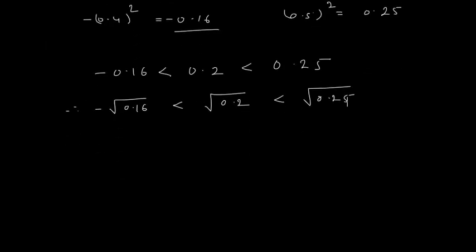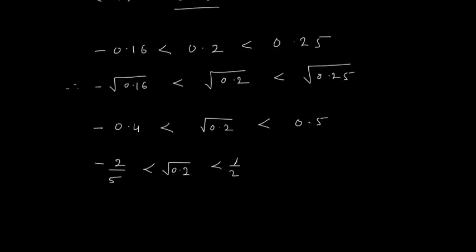So that means the square root of 0.16 is 0.4. This is less than the square root of 0.2. It is less than the square root of 0.25, which is 0.5. Now this 0.4 is 2 divided by 5. It is less than the square root of 0.2. It is less than 0.5, which is 1 divided by 2.